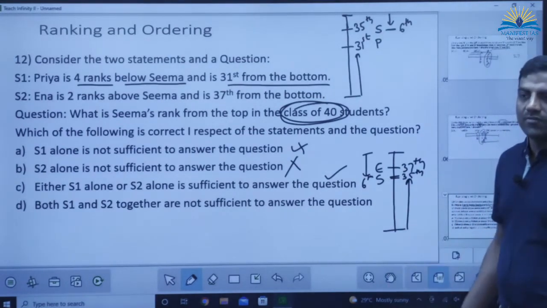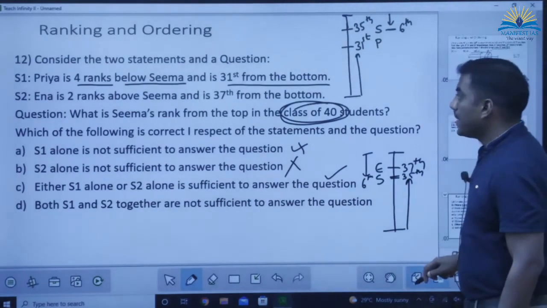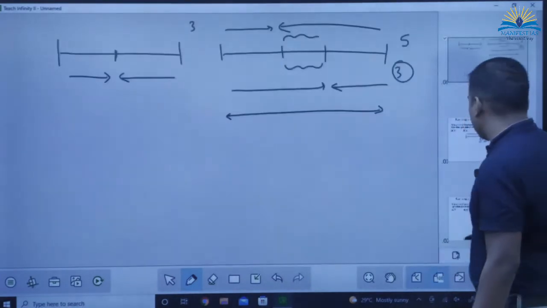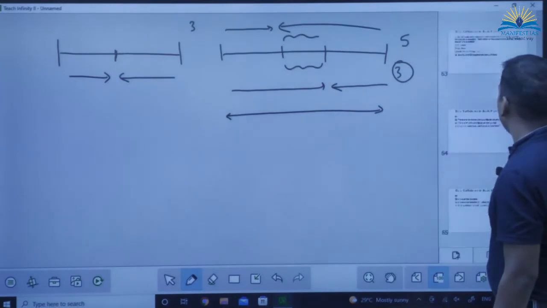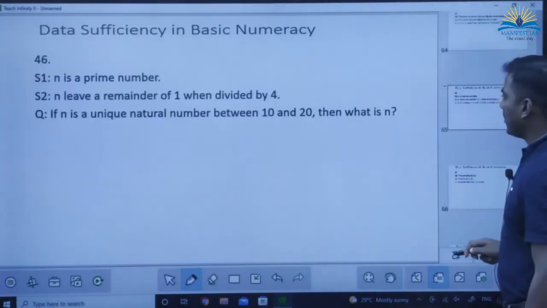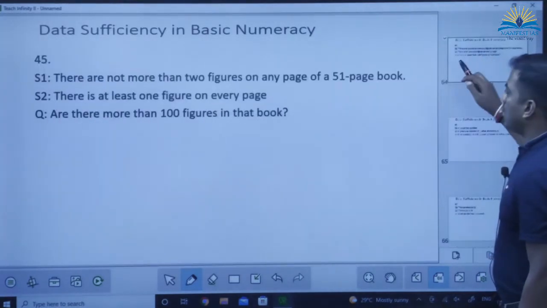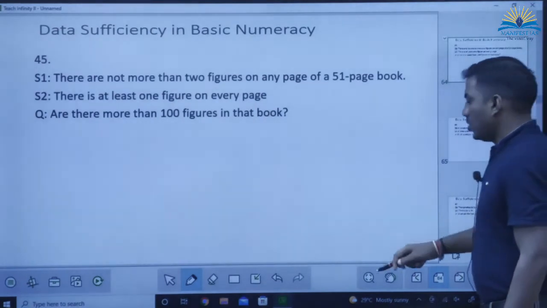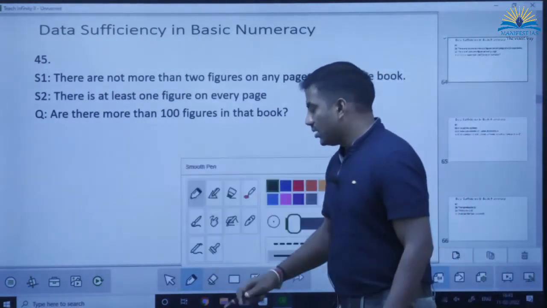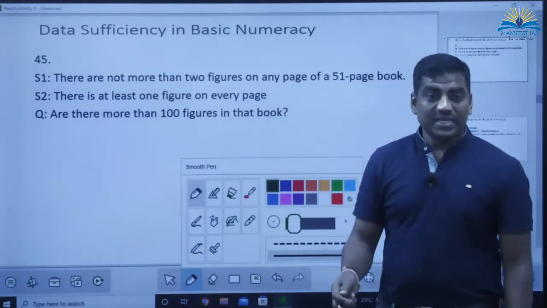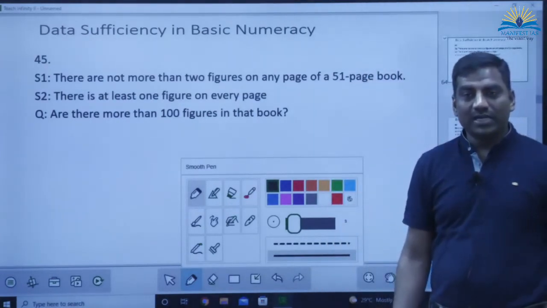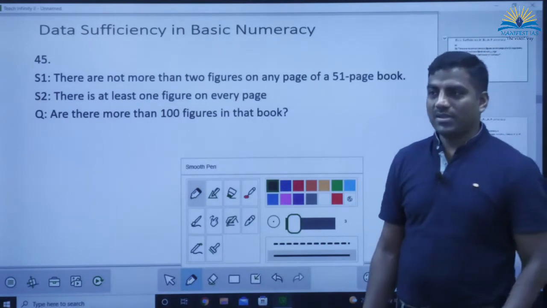So there is no question of last at all. Yes, understood. So such are the varieties of questions that we are getting. And in yesterday's data sufficiency question, I don't know, first I was correct, then I made a mistake, then I said only that one is correct.